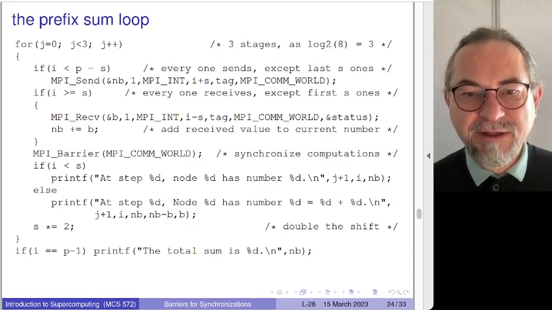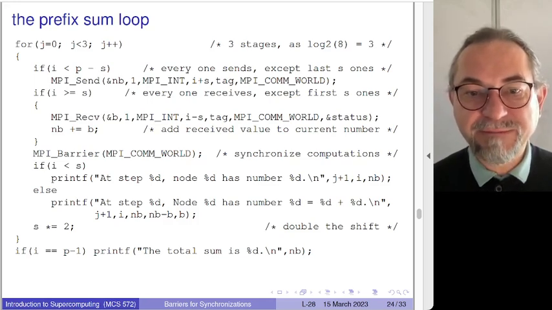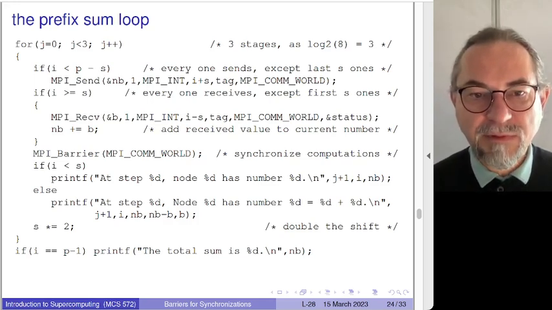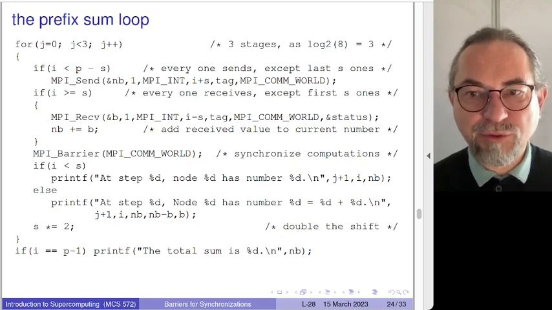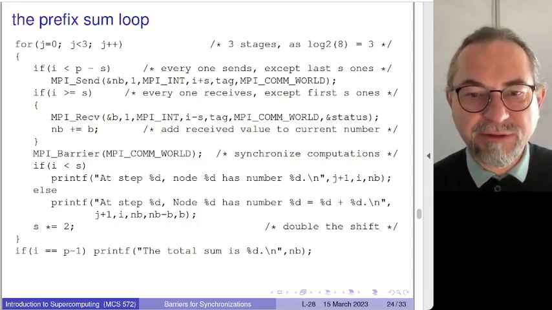In every step, the last processor will have the final sum. But for correctness, we could also have printed out all the subsums. And that sum is stored in the number NB.